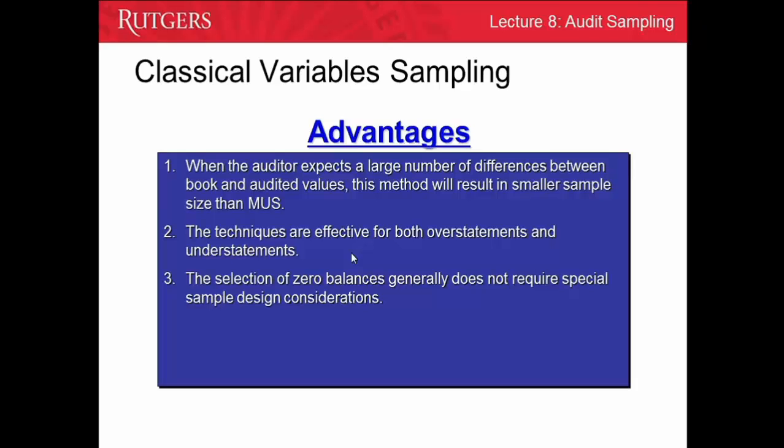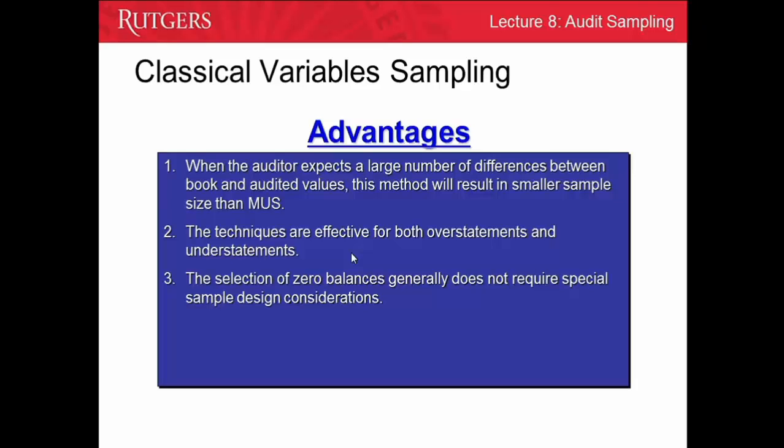So the advantages of classical variable sampling include: first, when the auditor expects a large amount of differences between book and audited values, classical variable sampling will normally result in a smaller sample size than monetary unit sampling. Second, classical variable sampling techniques are effective for both overstatements and understatements.